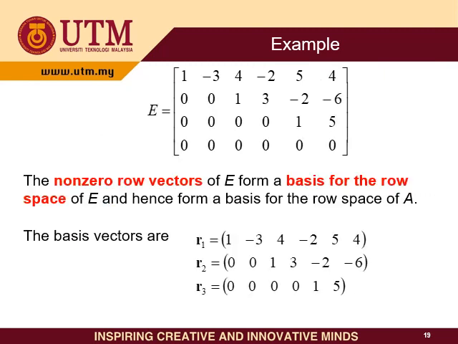Then after finding the non-zero row vectors, they form a basis for the row space of E, hence form a basis for the row space of A. So row 1, row 2, and row 3 here are based on our finding before.